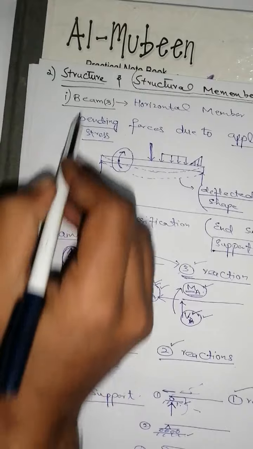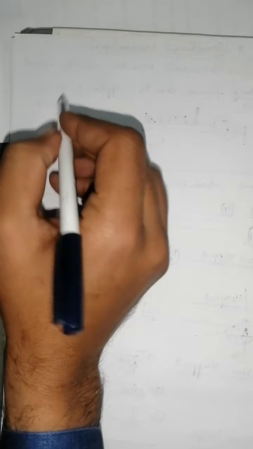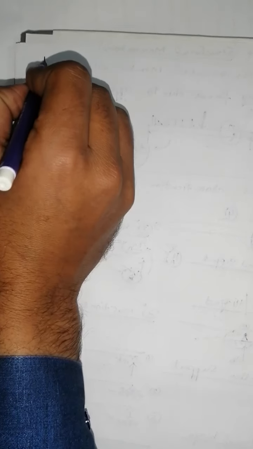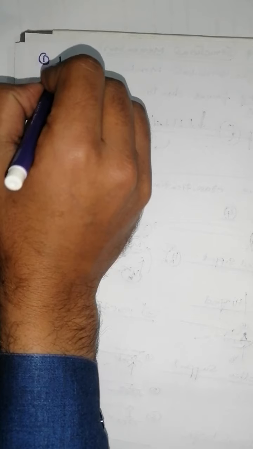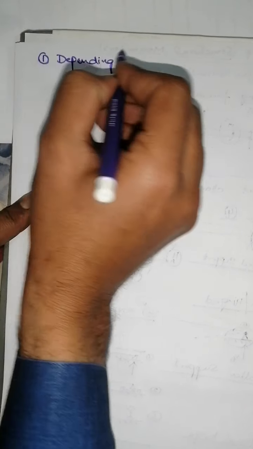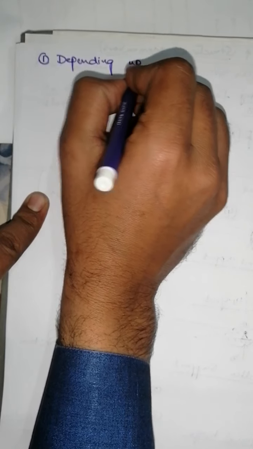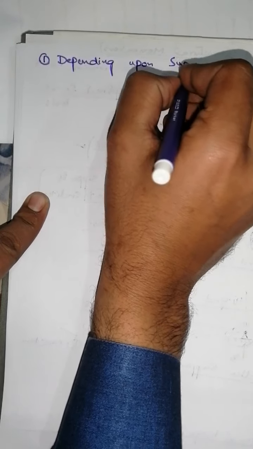Now we can discuss beams in detail, types of beams. Beams are classified according to different classification criteria. The first criterion for the beam classification is, as we discussed on the last page, depending upon support conditions.